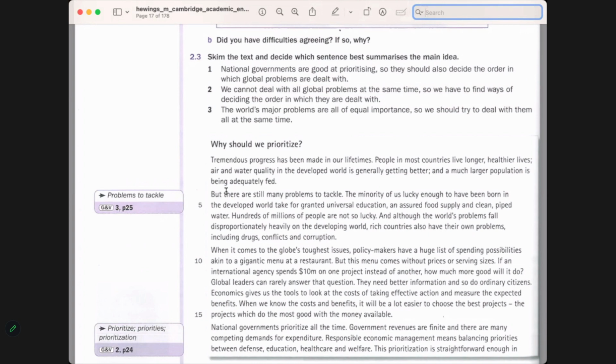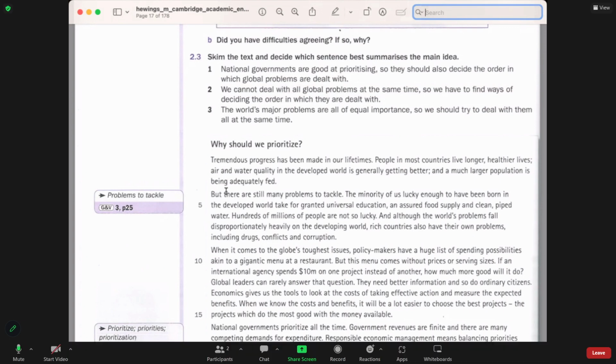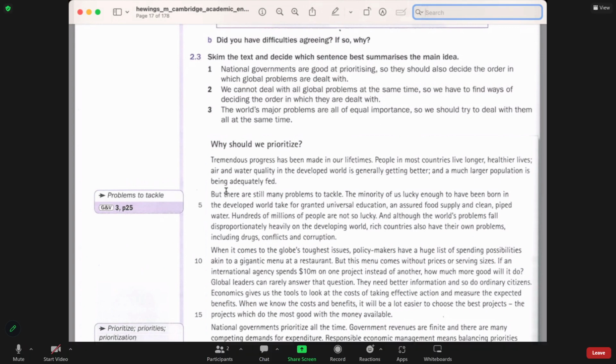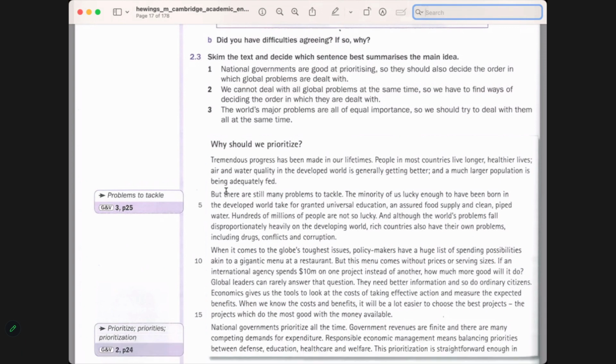From these first sentences, could you understand what the main idea is and which summary is the best one for the main idea of this text? Maybe the second: we cannot deal with all global problems at the same time, so we have to find ways of deciding the order in which they are dealt with. Yes, correct. Absolutely.